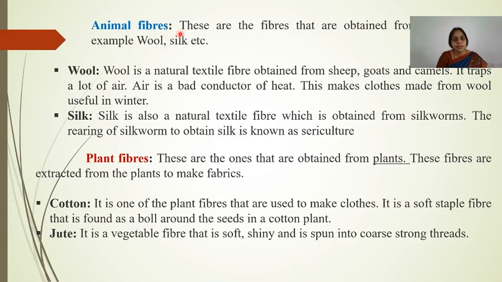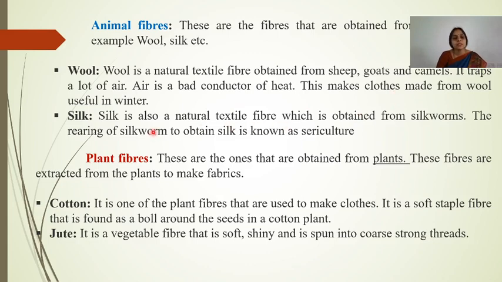What are animal fibers? As the name indicates, they are obtained from animals. Two examples in your chapter are wool and silk. Apart from that, there are many others, where you'll have an activity later. The first one is wool. It's a natural textile fiber obtained from sheep, goats and camels. It traps a lot of air, and air is a bad conductor of heat, so clothes made from wool are useful in winter, right?